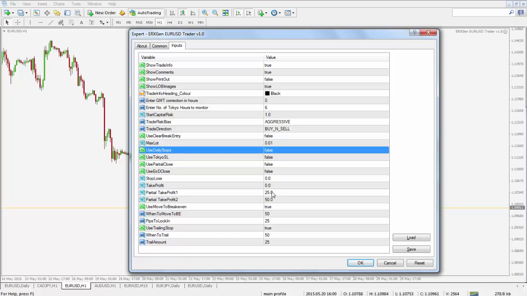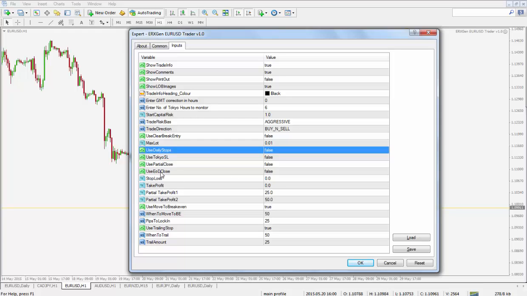And if price continues to advance in the direction you have taken, it will close half of the remainder, which is 25% of the original lot, after 50 pips, and it will let the remainder just run to the end.